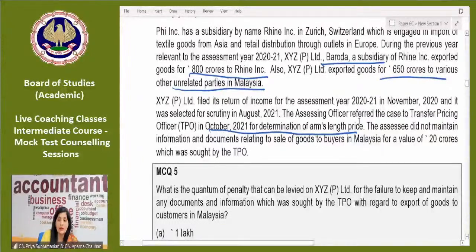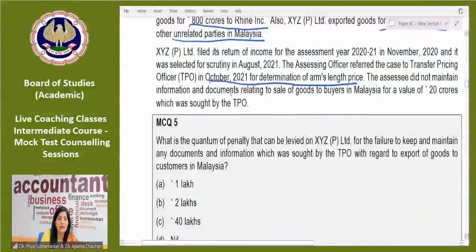Here they have not maintained the information relating to the sale of goods to the buyers in Malaysia. Section 92D doesn't say that they have to maintain records and documents for unrelated entities also. MCQ 5 deals with this paragraph. What is the question they are asking you?